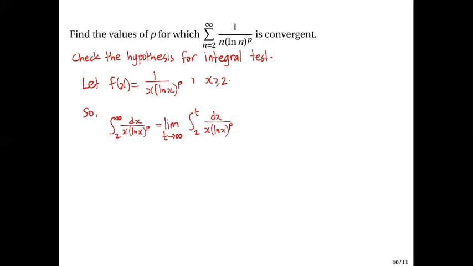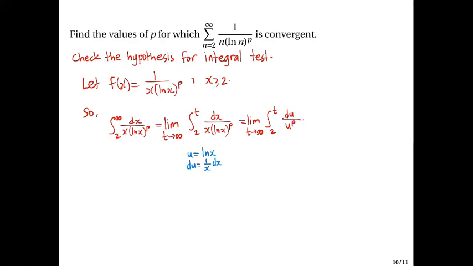And same substitution as before, you have u equals ln of x, du equals 1 over x dx. And then this guy here now becomes the limit as t approaches plus infinity of the integral from ln of 2 to ln of t of du over u to the p.